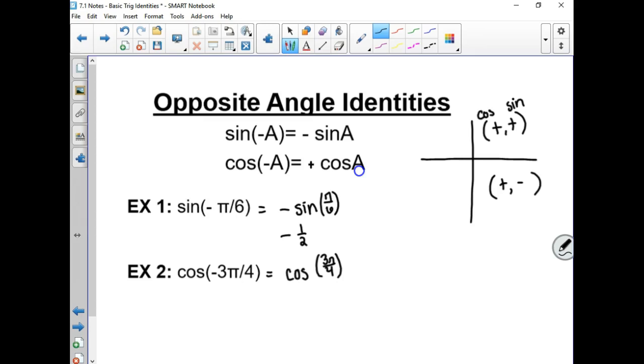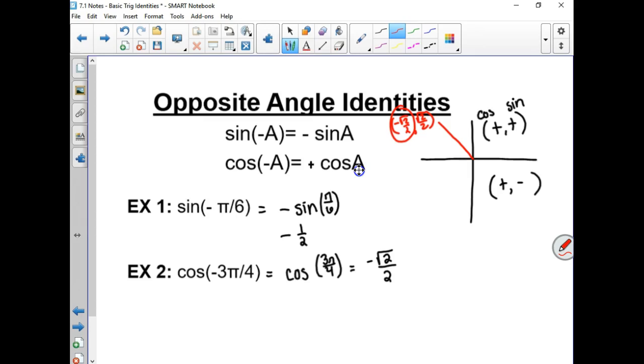And if I think on my unit circle, the cosine of 3 pi over 4 is going to be negative square root of 2 over 2, because that value would be over here in this quadrant. In that quadrant, you've got negative square root of 2 over 2 and positive square root of 2 over 2. And this would be the value that you would have for cosine of 3 pi over 4.